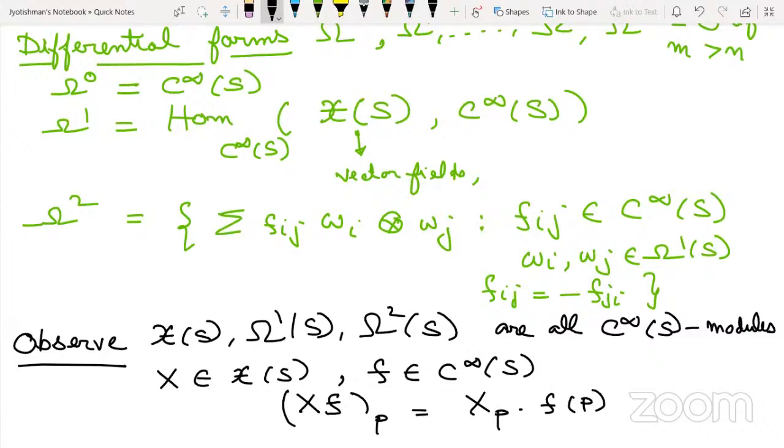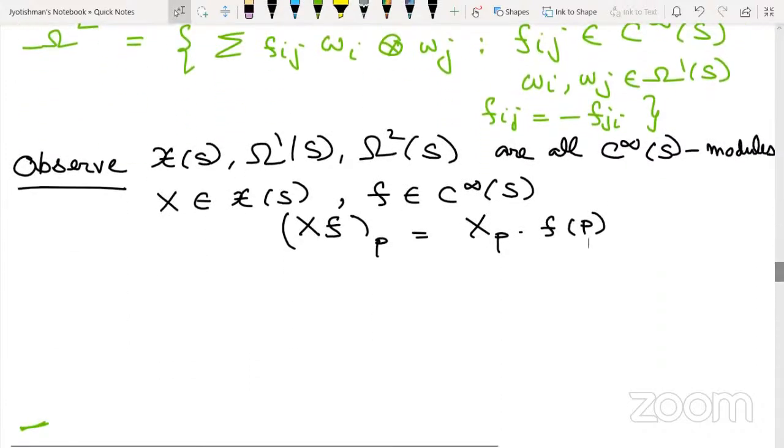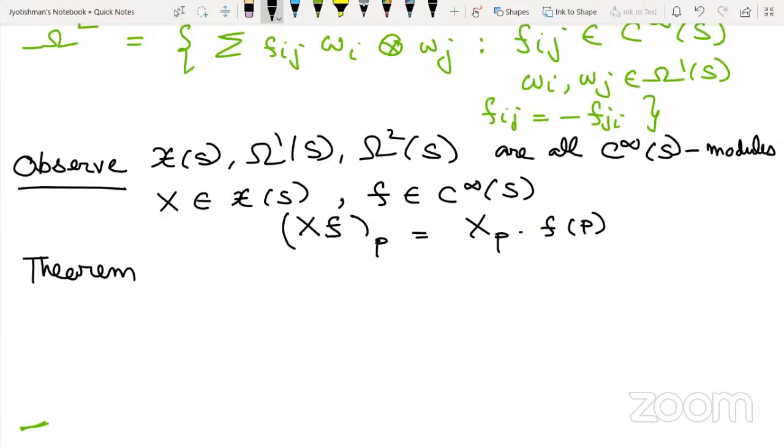So similarly, it can be easily checked that the one forms and the two forms are all modules. So what I have is the following. So suppose S is an n surface.